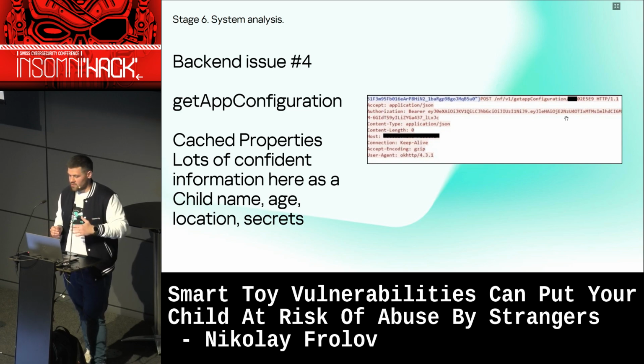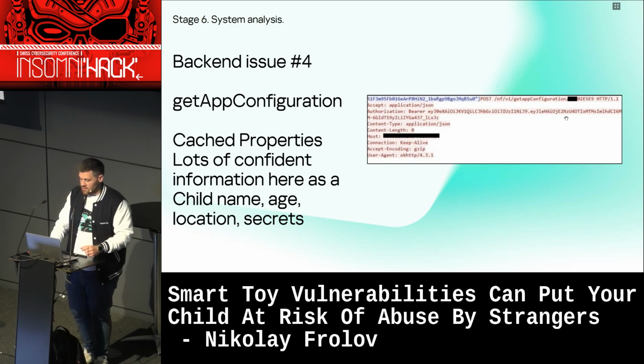It contains not only information about, for example, backends and some kind of security keys, but also private information about the child: child name, child age, all the information that you input in the first steps, like location. So lots of private information.